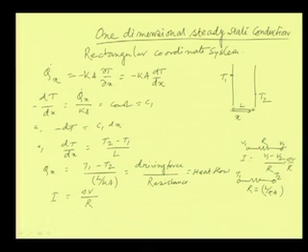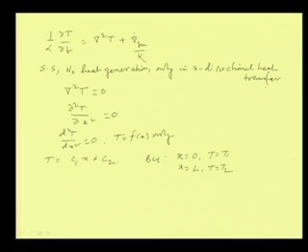From this we find that T equals T1 minus (T1 minus T2) by L into x.